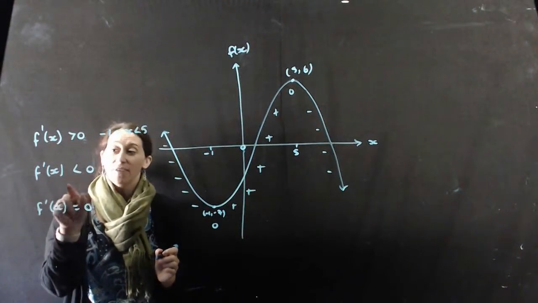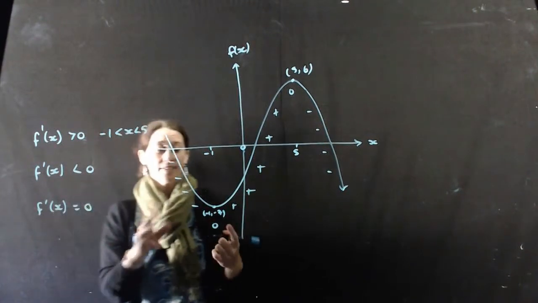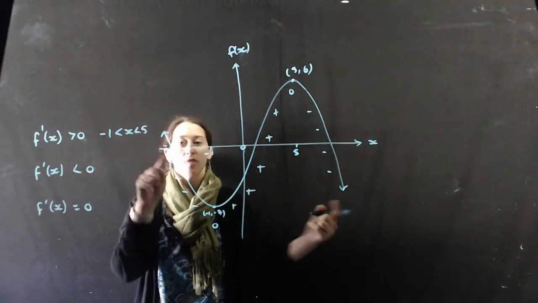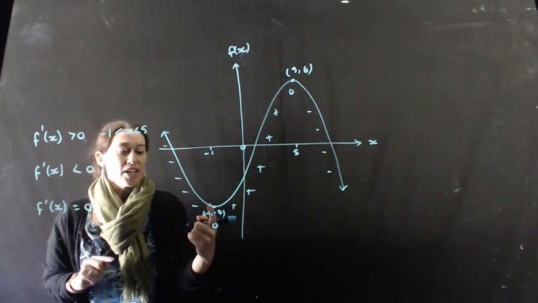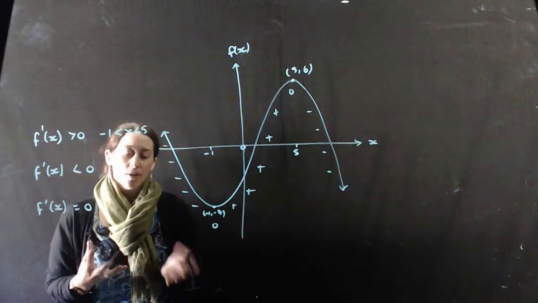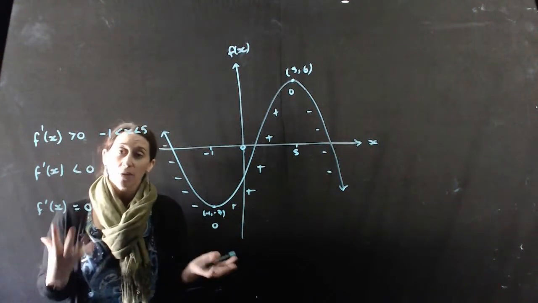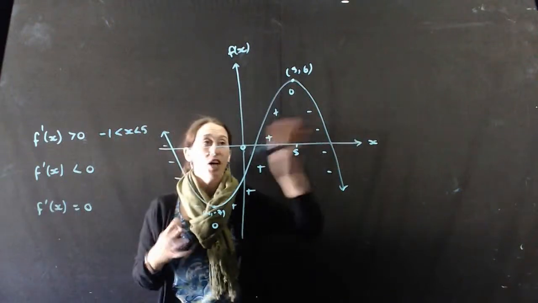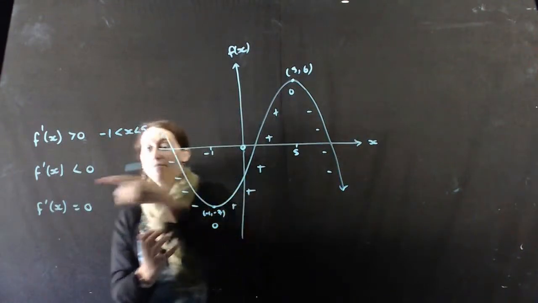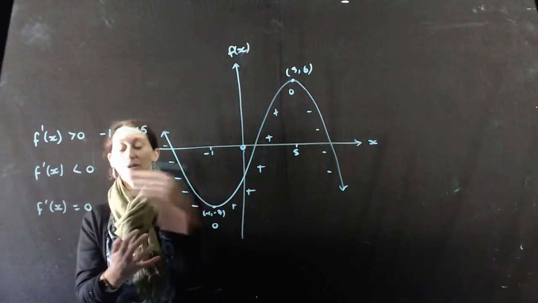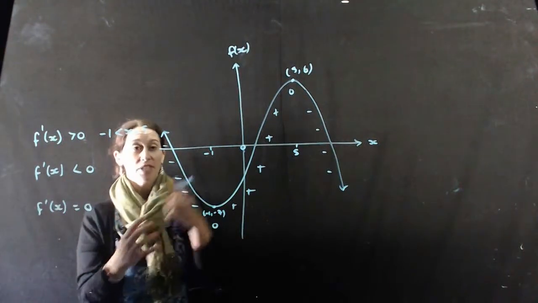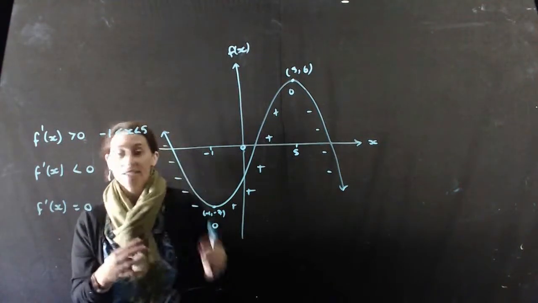When is f dash of x less than 0? Well, less than 0 is everywhere where the gradient is negative. So we can't include -1 in our domain here because, of course, -1 gives the gradient of 0, and we can't include 5, but we know we want to go less than -1 towards negative infinity because the arrow indicates that it continues.